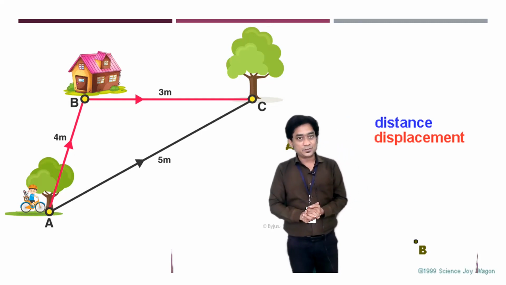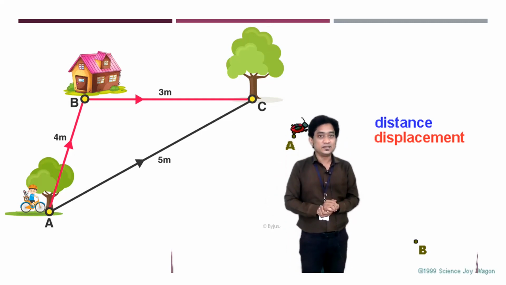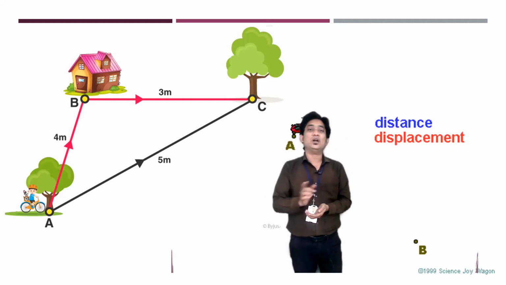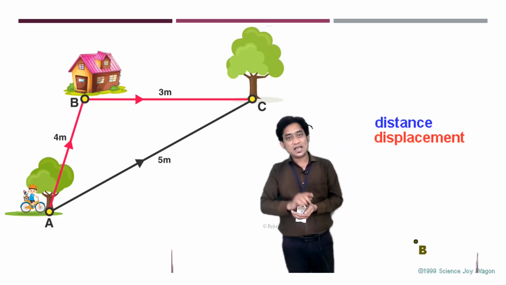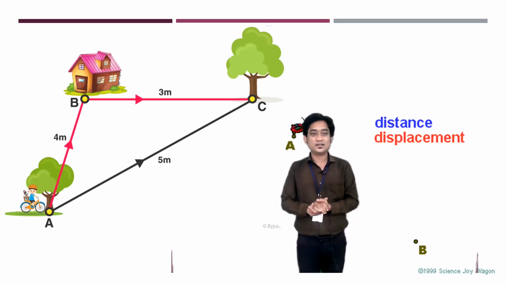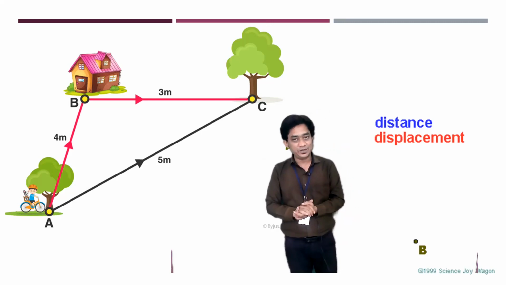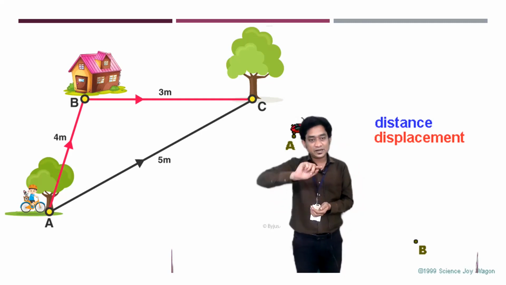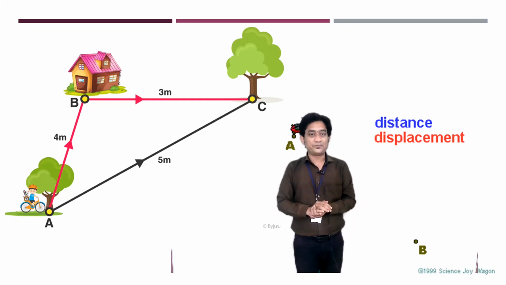But what about displacement? The shortest distance between the initial and final point is called displacement. Initial position is A and final position is C. What about the shortest distance? Going A to B and B to C totals 4 plus 3, that is 7 meter. But the shortest distance given in the figure is directly from A to C, and that distance is 5 meter.